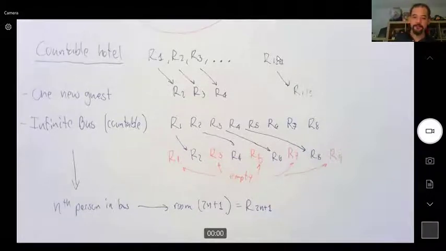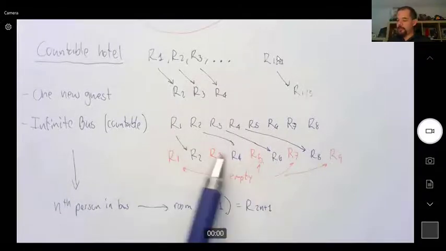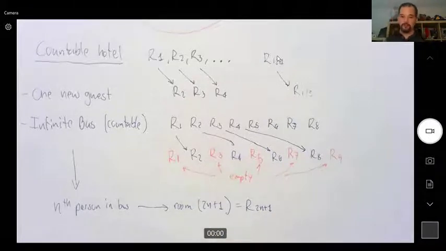Is that clear? Would you be able to do it with any multiplication, like 3n? Would it be the same idea? Every 3, they move every 3 rooms. If you multiply by 3, it works, but now you're actually doing the next problem.